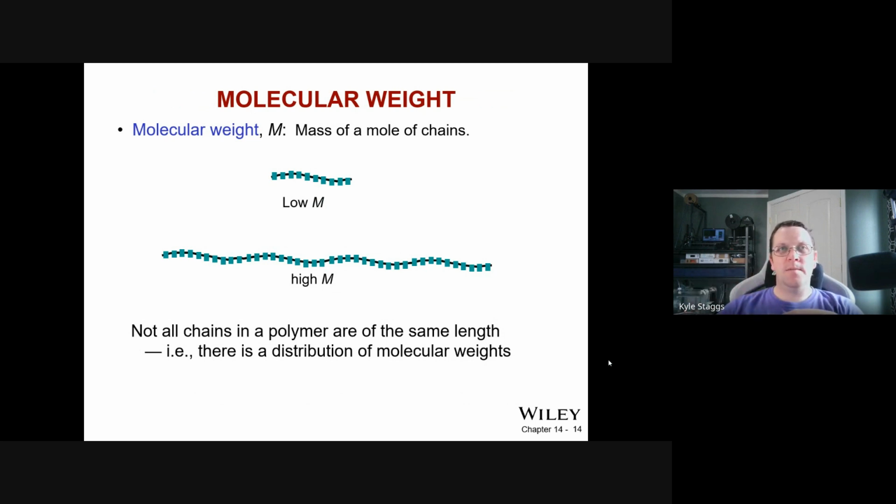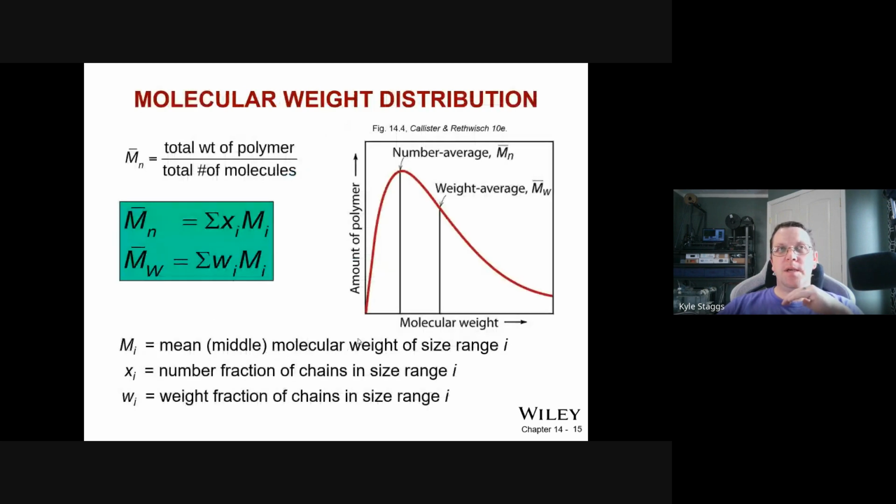But what we can really focus in on is that these are all different kinds of molecular weights. They need to be, because of the way the chemical reactions work, they can't all be the same.